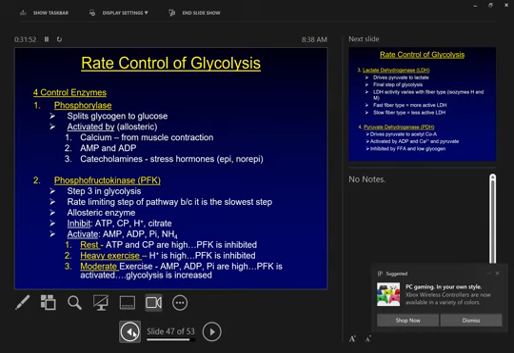One of those is the very first enzyme as the glucose moves in. It's called phosphorylase. The second enzyme is the actual rate-limiting step. That's phosphofructokinase, or PFK. And then on the next slide, there are the 2 enzymes that control where pyruvate goes: lactate dehydrogenase or pyruvate dehydrogenase.